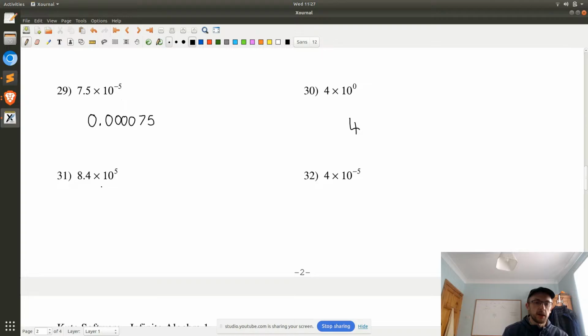Times this now by 100,000. So multiplied by 100, it's 840. So it'll be 840,000. And now, finally, at last, just introduce 5 more zeros. There.